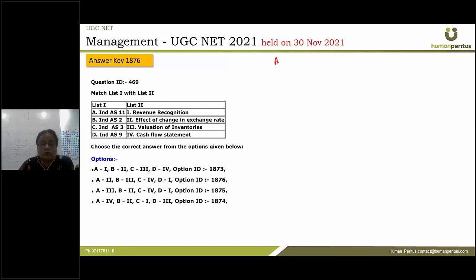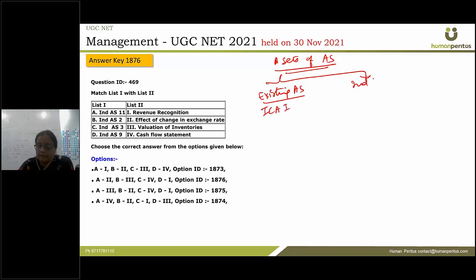In India, if we talk about India, we have two sets of accounting standards. One is existing accounting standards. These are issued by ICAI, right? And another one is Indian accounting standards.